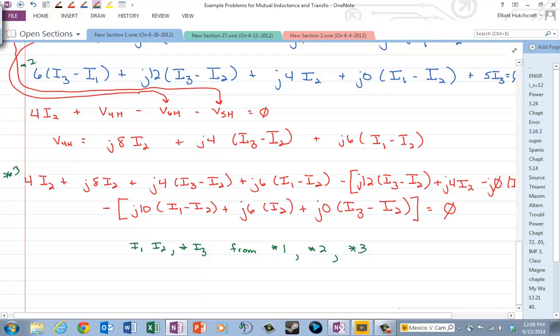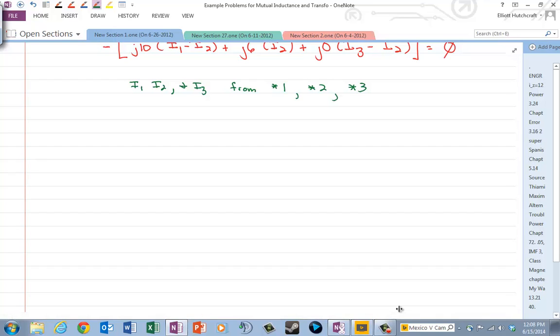And once we get those mesh currents, then we can find anything we want relating to the circuit in general. And then, the only thing you might have to do is, obviously, if you want something else, like a voltage or a current in the time domain, you may have to go from the phasor domain back to the time domain.